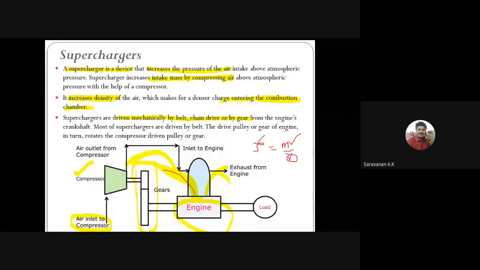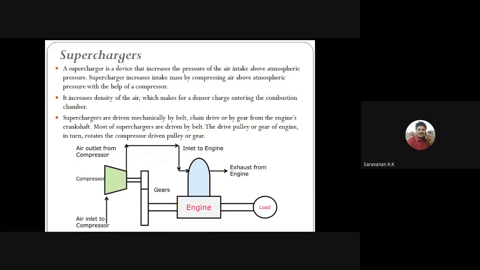The power output from the engine: once the engine runs, some output power will be there, and here we can utilize some of our power output to run external devices, that is the compressors, AC, right?